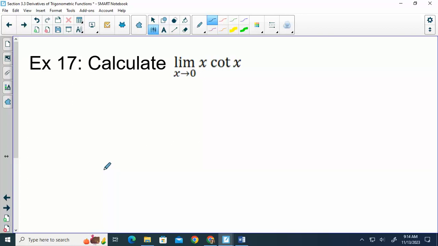Okay, first question, can we just plug in 0? I would have 0 times cotangent of 0 be the square root of 4 over 0, and that's undefined. So we can't just plug in our 0. How can I rewrite cotangent?